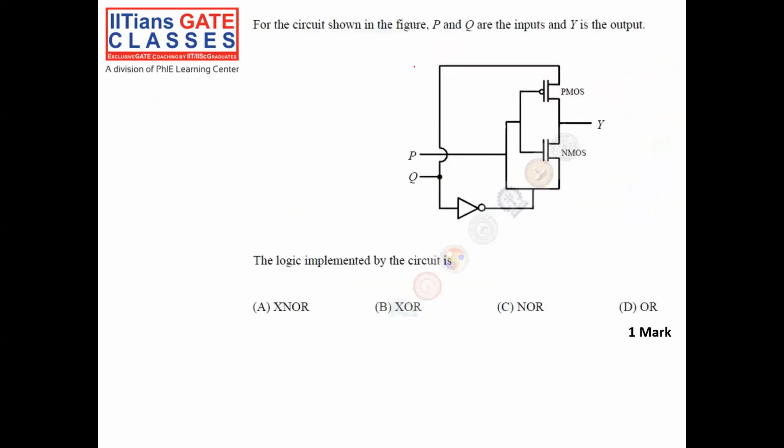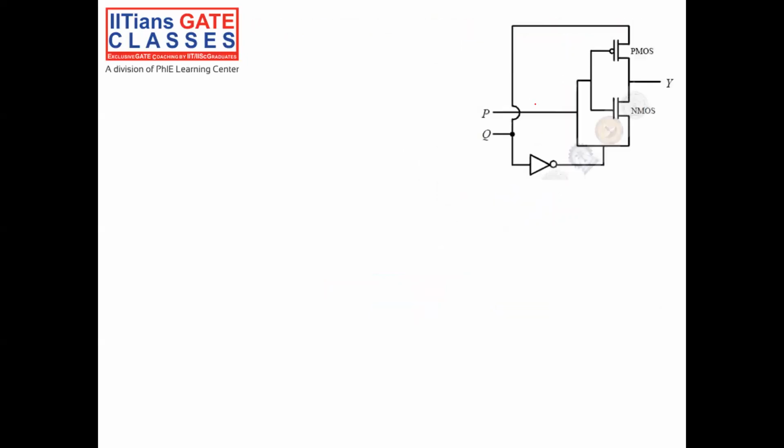So this is another question. In the circuit shown in the figure, P and Q are the inputs, Y is the output. What is the logic implemented by the circuit? We know my PMOS will be on when my input is 0 and NMOS will be on when my input is 1. So let's see.